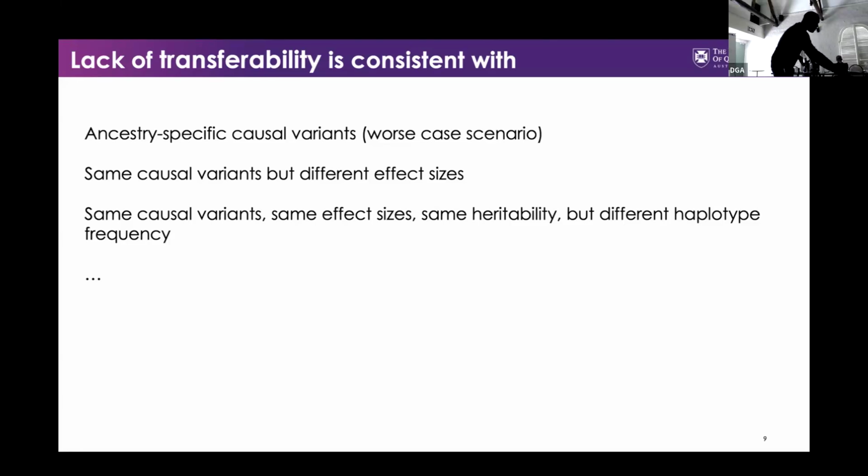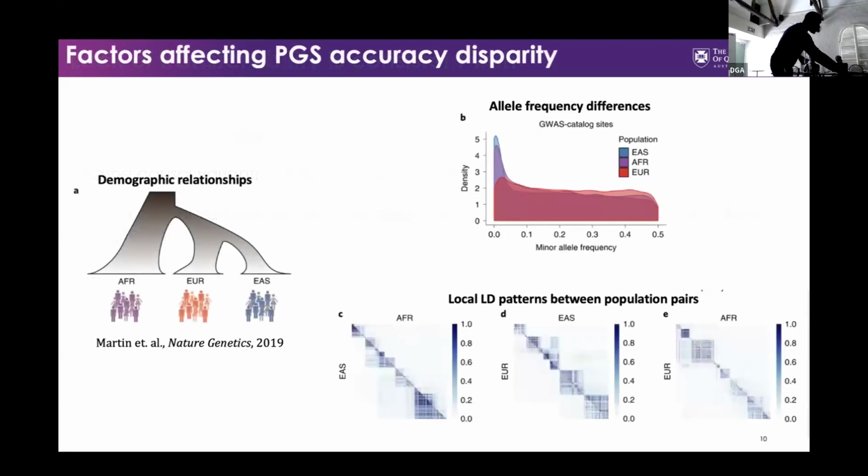So we started the study by recognizing that, because of the demographic relationship between human populations, we do have differences in allele frequencies and linkage disequilibrium. So certain blocks of DNA are transmitted from one generation to the next, but it's not necessarily the same blocks of genetic information that are transmitted, because their frequency can be different between populations.